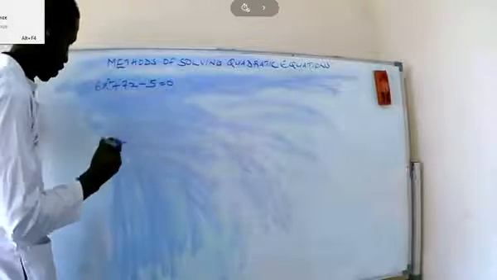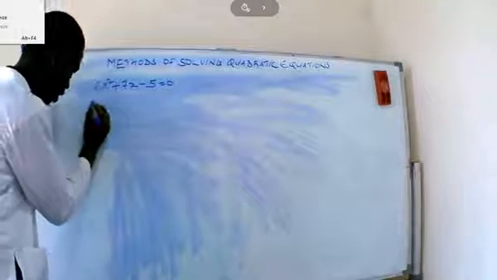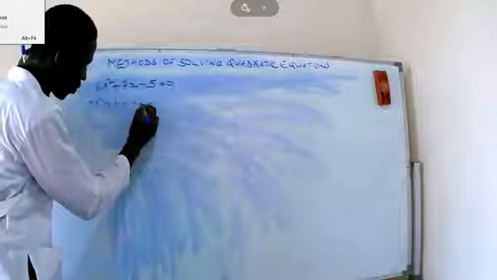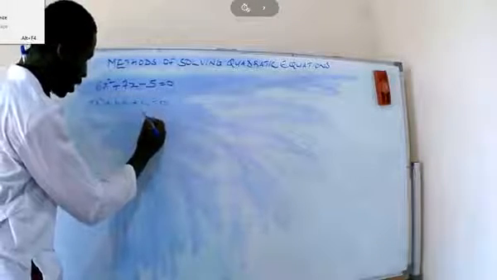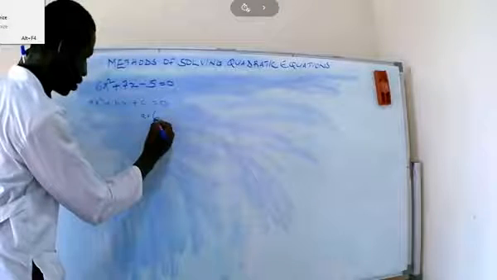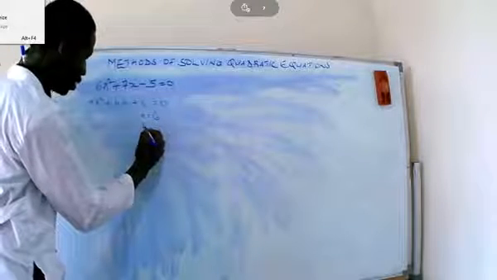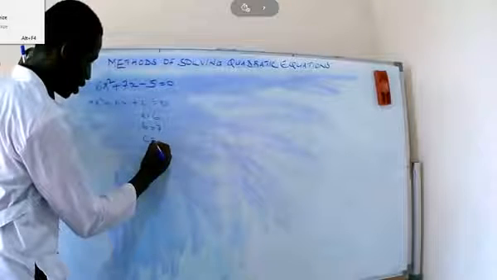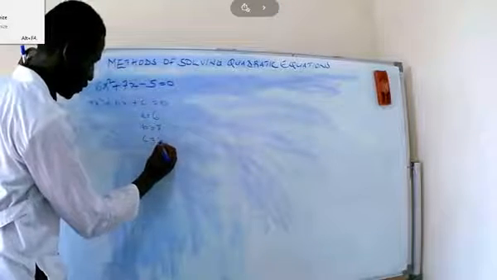With the same approach, we compare with ax squared plus bx plus c equals 0. You realize that our a in this case is 6, our b is 7, and our c is negative 5.